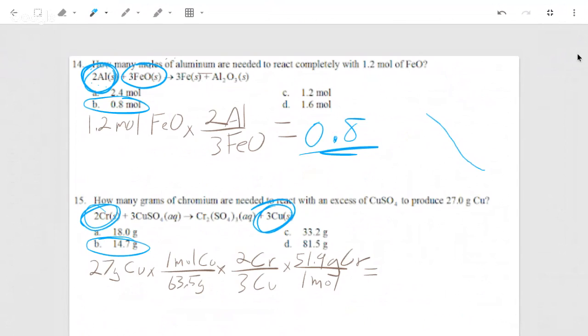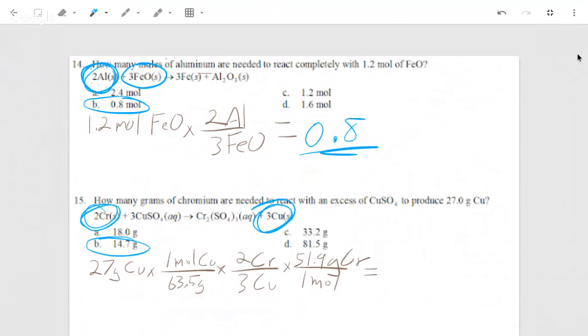There's a 3 in front of iron oxide, so plug that in on the bottom. So it's 1.2 times 2 divided by 3. That gives you 0.8. That's the answer for 14. I know there's at least 3 of those on the final because they're straightforward questions. As long as you know the basics of stoichiometry, you can get those.